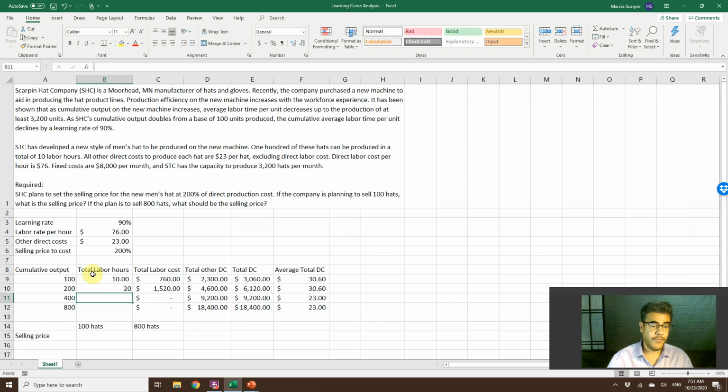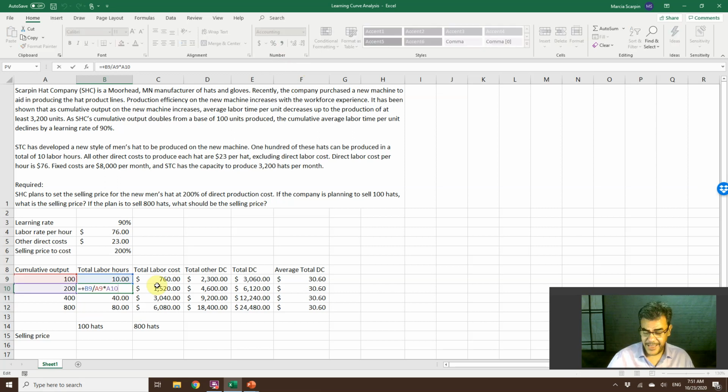So if we have no learning rate, our number of total labor hours would be 20, would be 40, would be 80. However, we have a learning rate here, and our learning rate is 90%. So let's fix it.